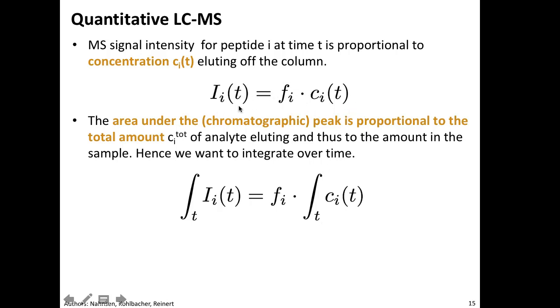So if at any time the detector signal is just some response factor times the concentration, that's straightforward. So ultimately, by integrating the detector signal, you can get the integral of the concentration. And that is what we are after, because we are after the concentration of everything that entered the column.